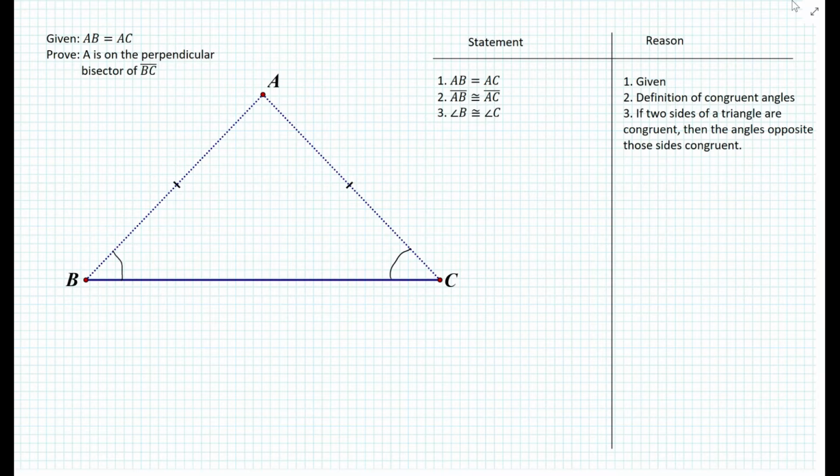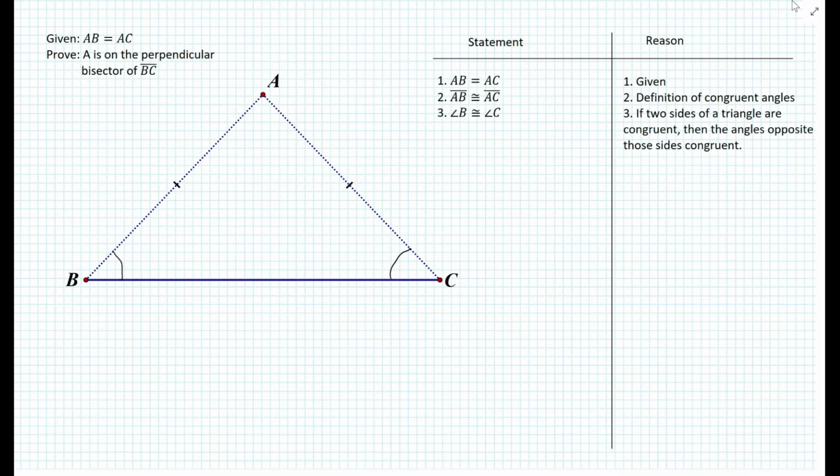Now, what else can we do at this point? It seems like there's nothing much to do anymore. However, we can always draw additional points or lines if we need to prove something. Now, let's ask the following question. If we have a segment, in this case segment BC, are we allowed to draw a midpoint?